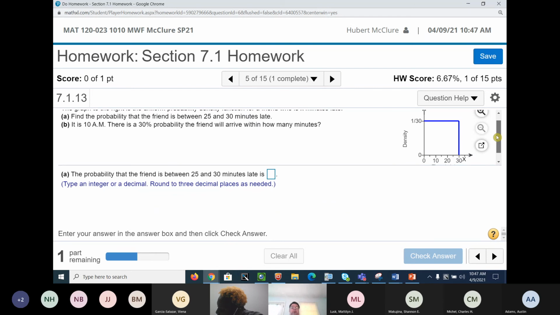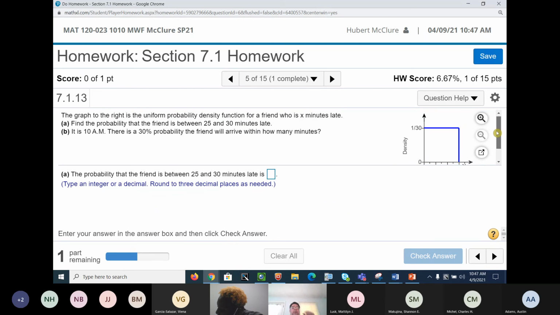And they want to know, part A, find the probability that the friend will be between 25 and 30 minutes late.